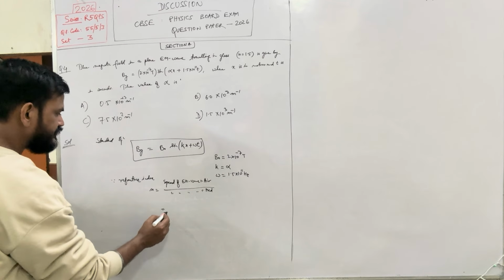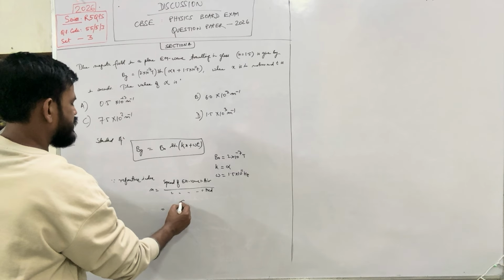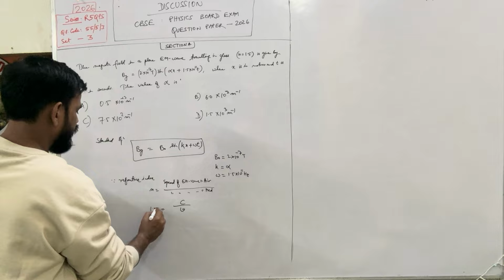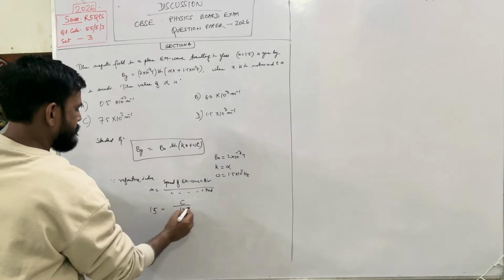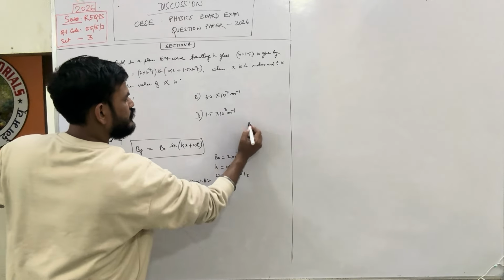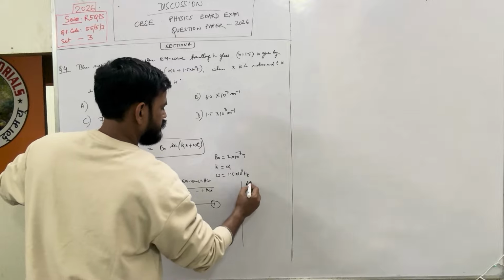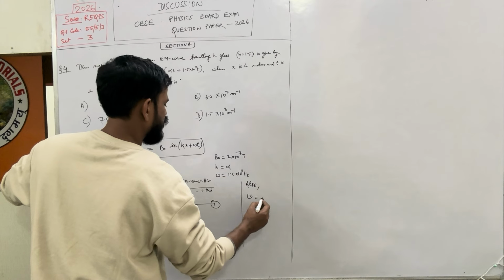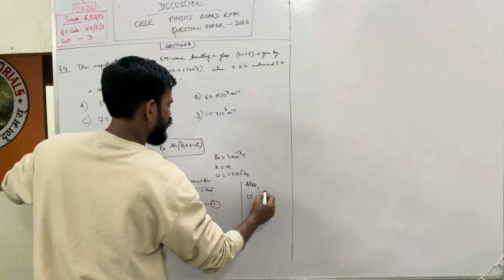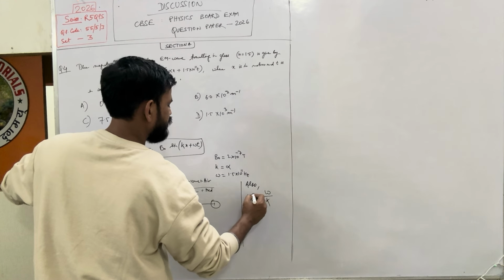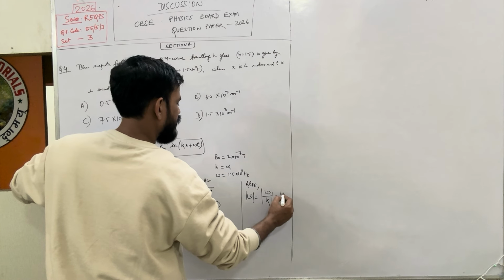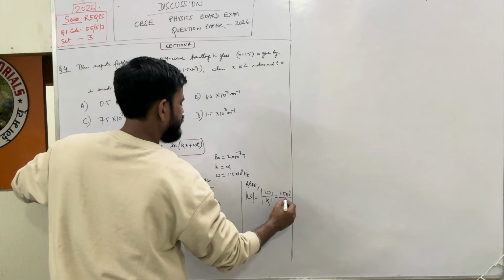So this becomes C divided by V, and that is equal to 1.5. Also, V of the electromagnetic wave in a medium is given by omega by k magnitude. So omega here is 1.5 into 10 to the power 11, k is alpha.